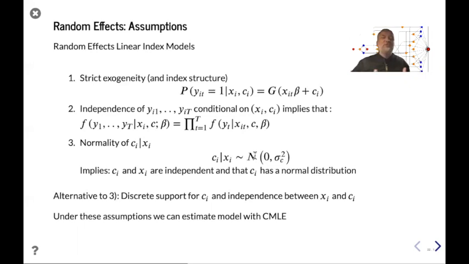Now you can soften those assumptions and allow for some dependence. For example, it's very popular to let the mean of that distribution be a function of x_i, or say a function of the average of the explanatory variables. You could even let the variance depend on that too.